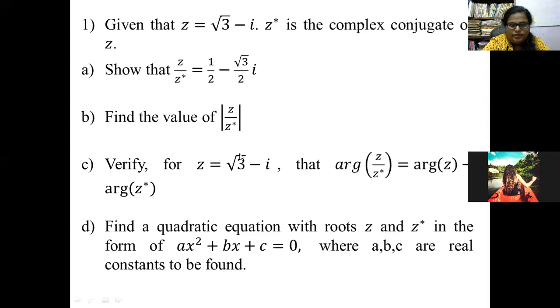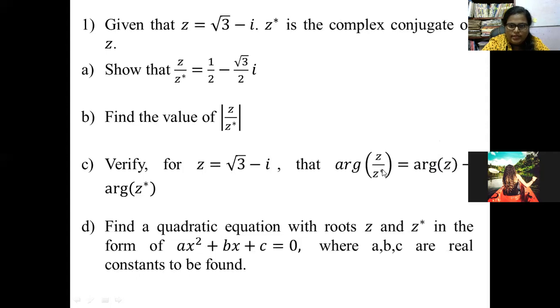Right, Risindu, this is the question you have. You know that this is the common result that you have learned in your lecture. The arg of the division of two complex numbers is equal to the difference of the separate arg values.